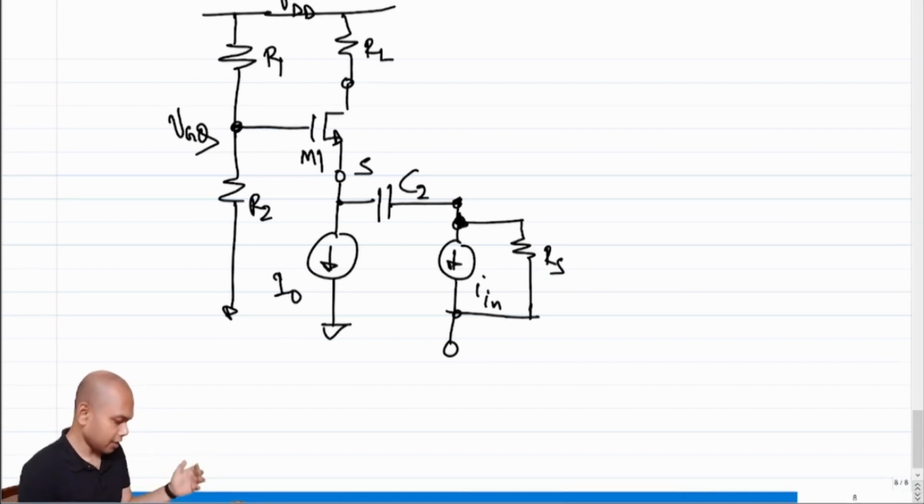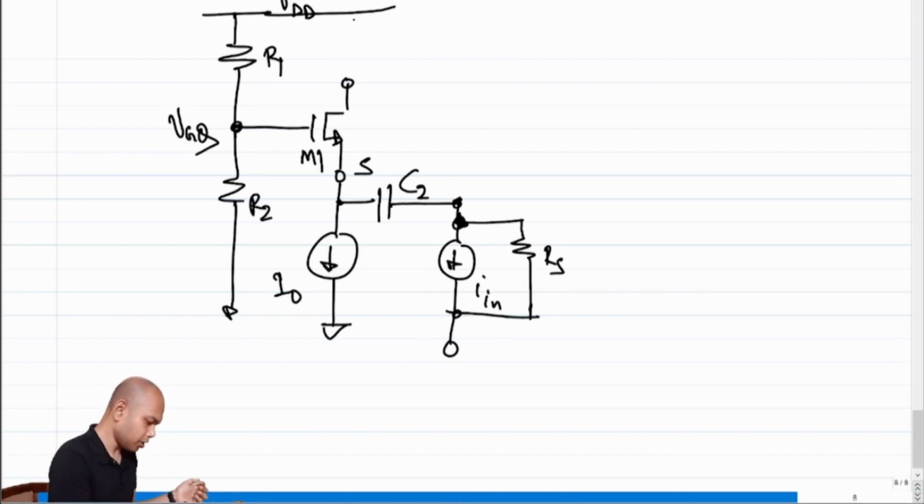Or if you are not satisfied, by now we already know what to do. We can connect this to RD and then AC couple. Let's call this C3, because that's what we were calling it earlier.